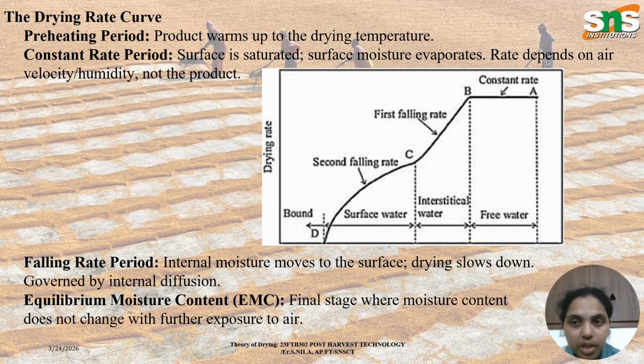So the third stage is the falling rate period. The internal moisture moves slowly to the surface by diffusion so that the rate of drying automatically decreases. Finally, we reach the equilibrium moisture content, so EMC of the product is reached where no more moisture is there to be removed.